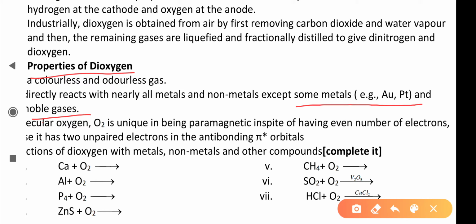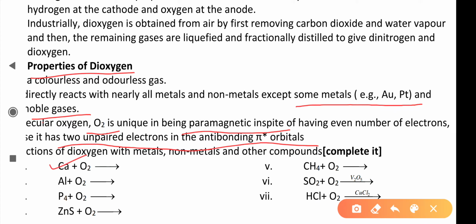As we have seen, S2 is paramagnetic, and O2 is also paramagnetic because of the presence of two unpaired electrons in antibonding pi star orbitals. Then the next property of oxygen: it can combine with almost all metals, non-metals and compounds. It can oxidize. So quickly we'll see the reactions.